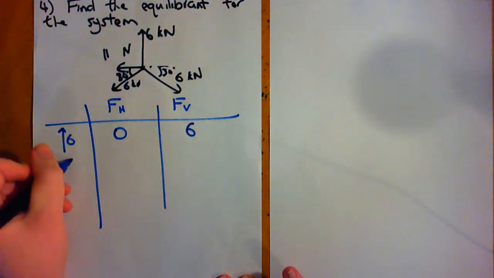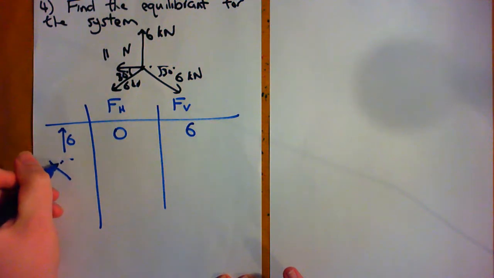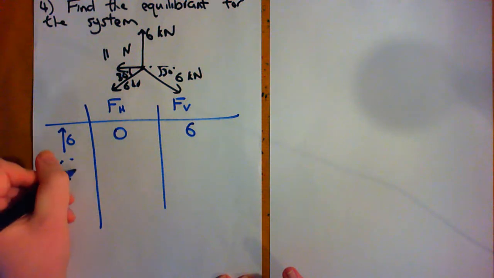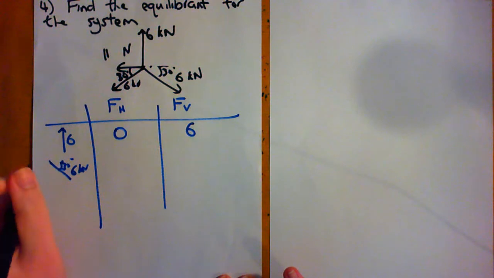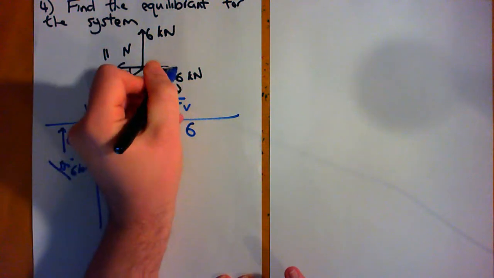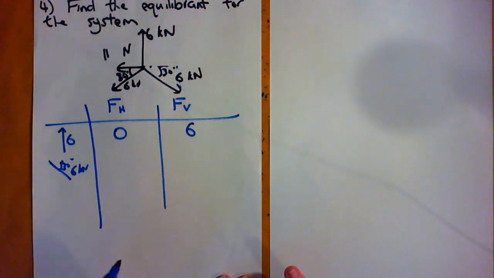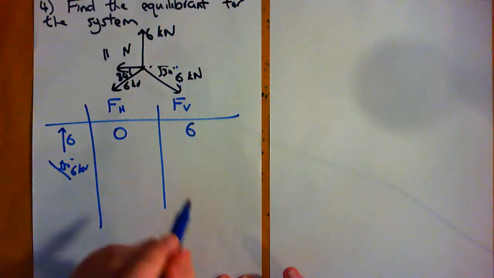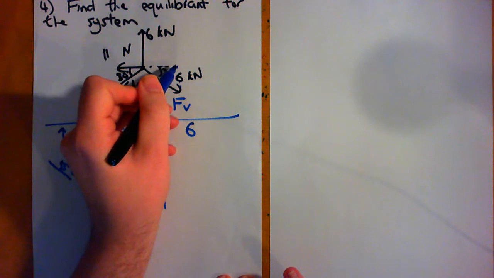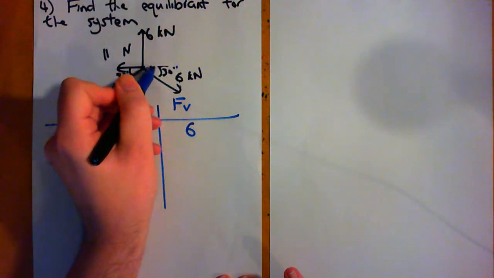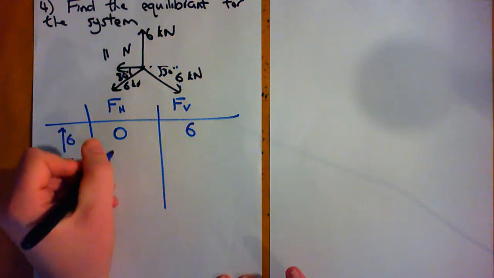Working our way around clockwise, on the right we've got a 6 kilonewton force at 30 degrees below the horizontal. So its horizontal component is going to be positive because it's pointing to the right. Its hypotenuse is 6, and we're looking for the adjacent, so it's going to be the cosine side.